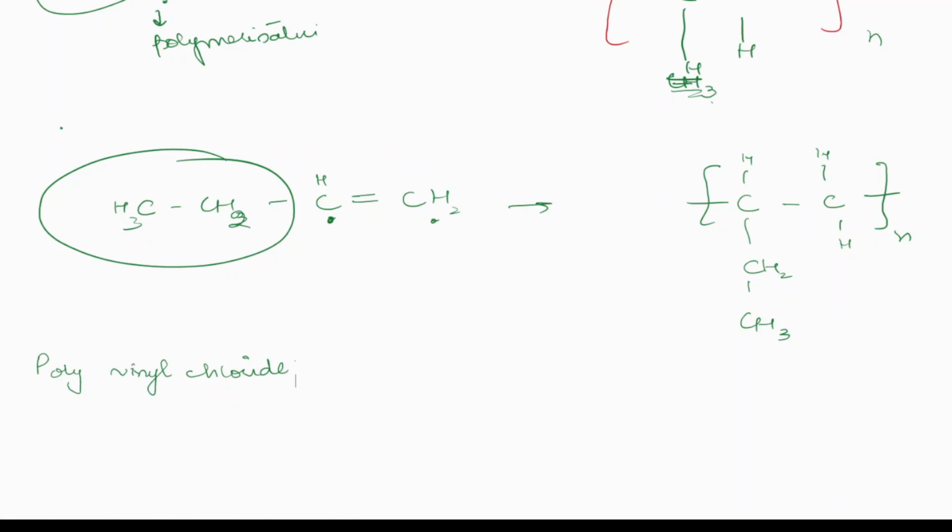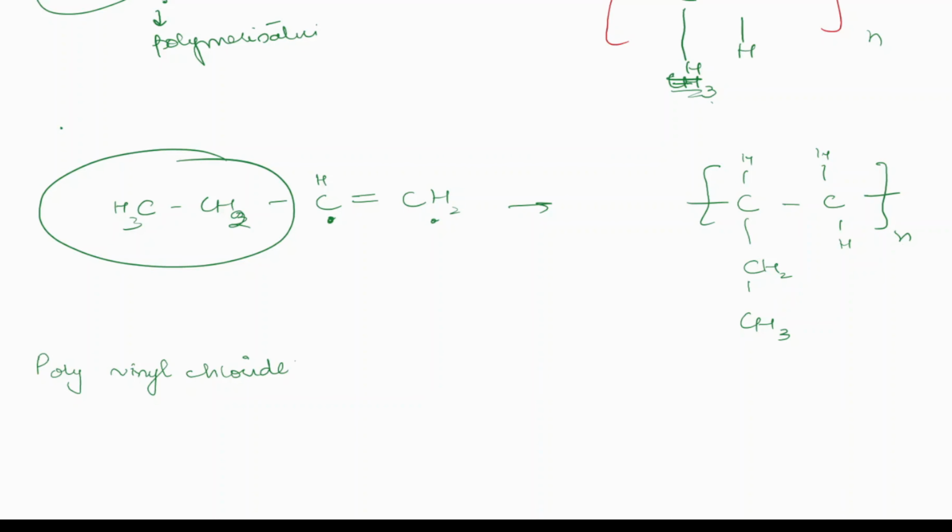Polyvinyl chloride is simple. It's basically ethylene chloride, not ethyl chloride. It's a double bond, and ethylene chloride means a double bond present with a chlorine. It's ethene with chlorine.